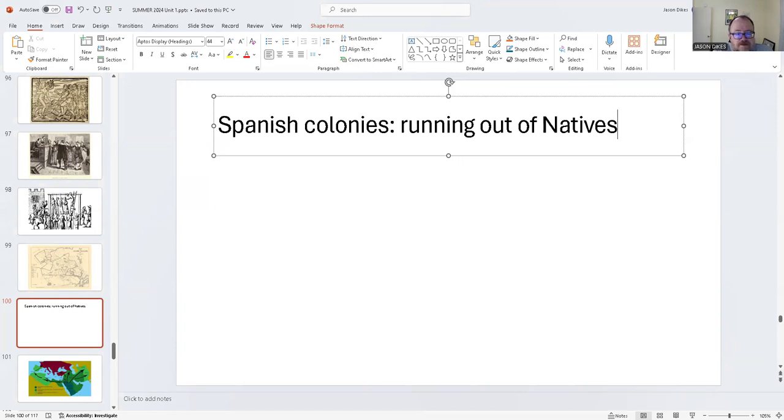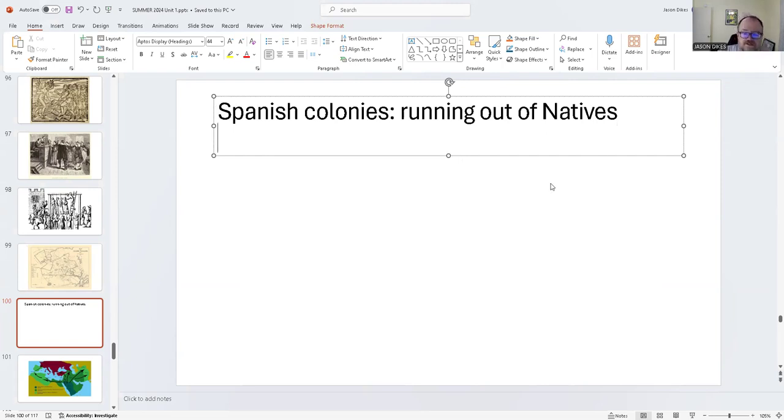And as that population began to diminish, another source of labor was needed. And as we're going to see, the Spanish are simply taking the idea of African slaves from the Portuguese, who themselves had taken it from what is now Italy. And we'll look at how all that comes together as we make our way through this.